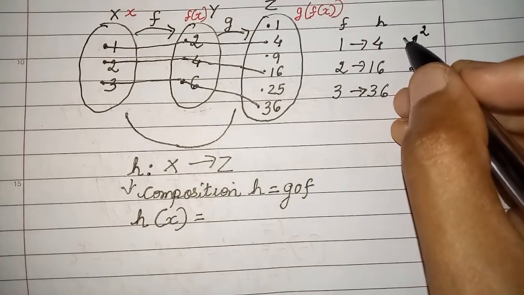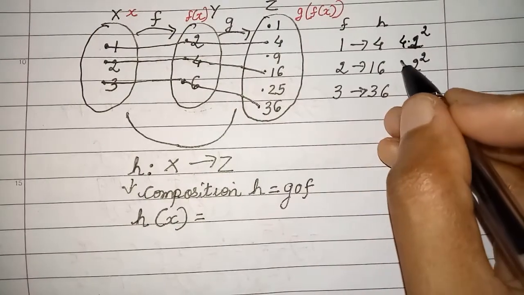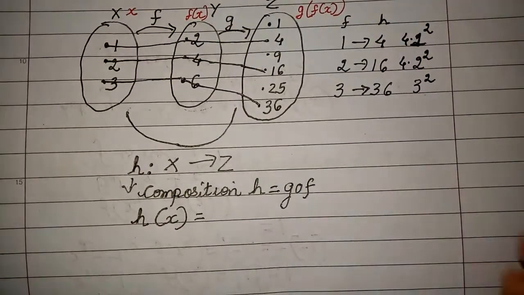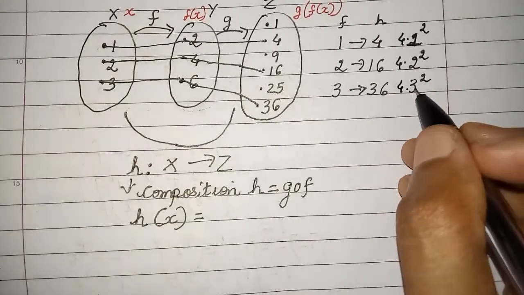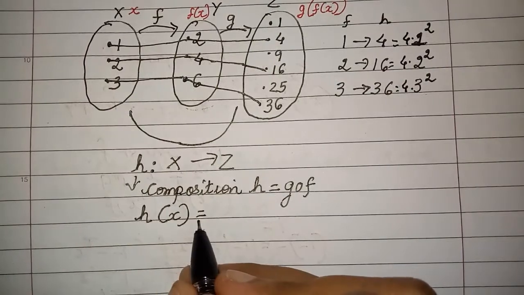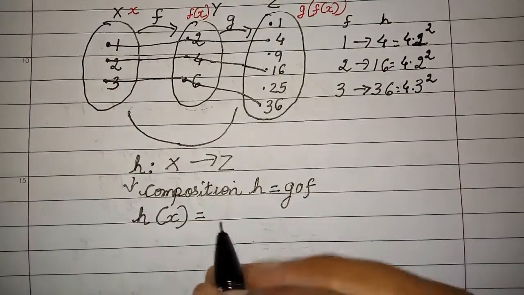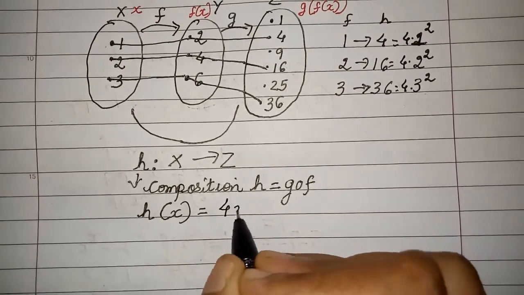If I write 4 into 1 square, 4 ones are 4. If I write 4 into 4, 4 fours are 16. If I write 4 into 3 square, that means 4 into 9 is 36. So I have got a new definition for my function h: h of x is 4 times x square.